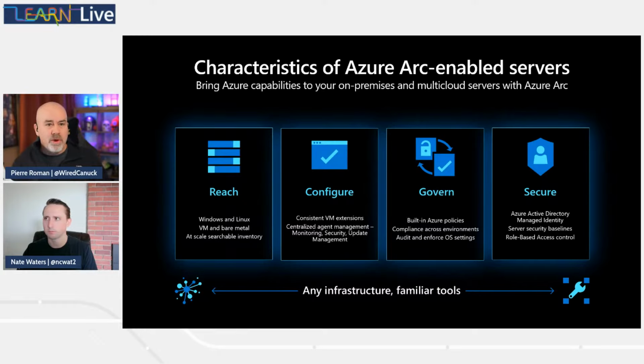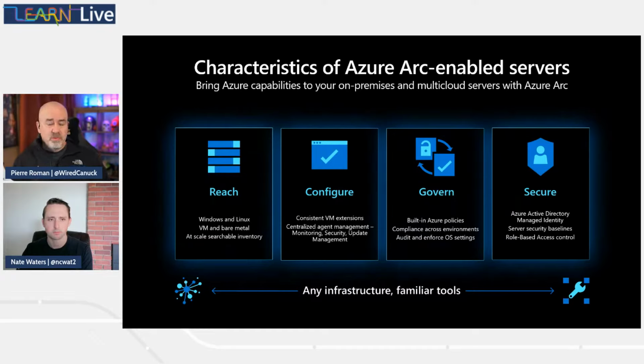So it's the reach play, where from your management portal, whether you're using PowerShell, Azure CLI, REST APIs, or others, you'll be able to reach all of those machines regardless of where they are. So whether it's Windows, Linux, VM, bare metal, and you can do this at scale, obviously. A consistent way of configuring your extensions.